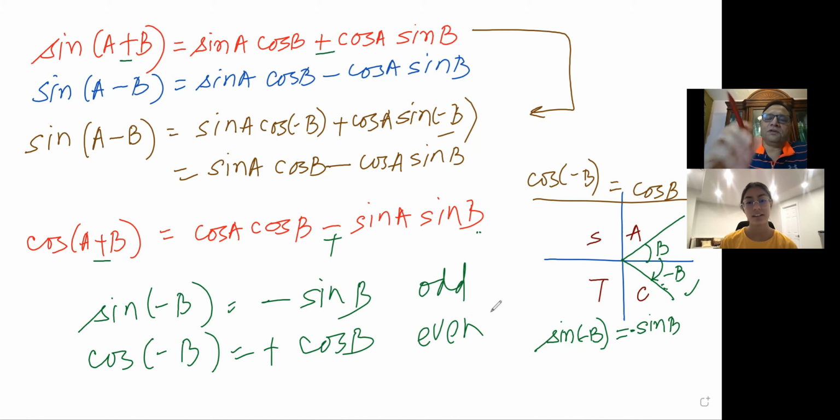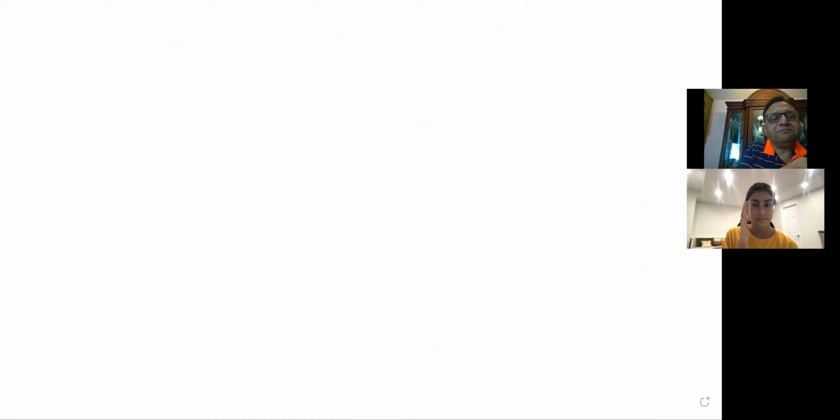So, okay, let's move forward. This is the first set of very important formulas. We'll keep coming back to this so that we really understand what it is all about. Let me get to the second set of formulas, which is even more interesting. Sine A plus B is equal to, tell me what?